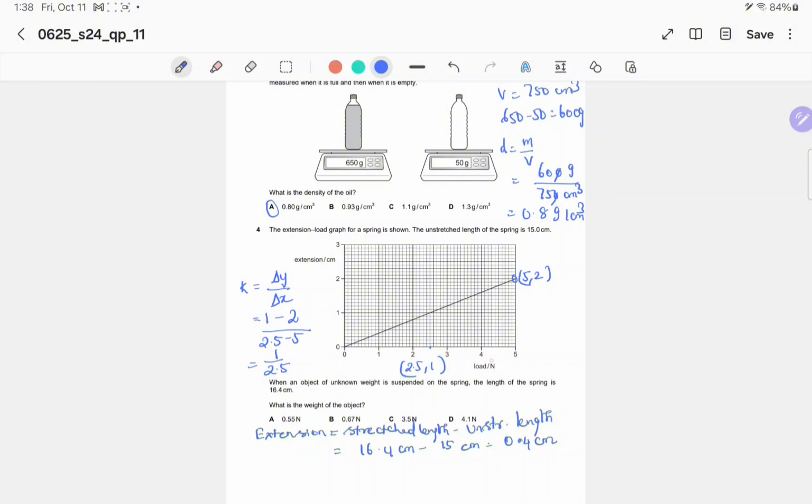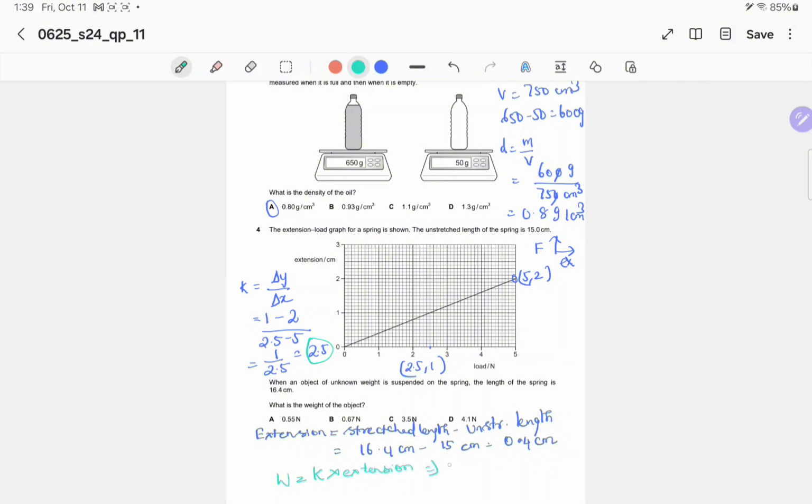So here the graph is in the reverse form. Generally we will have force in the y axis and extension in the x axis. So we will reverse it. So it will become the reciprocal, 2.5. So for calculation, they are asking weight, W, is equal to K into extension.